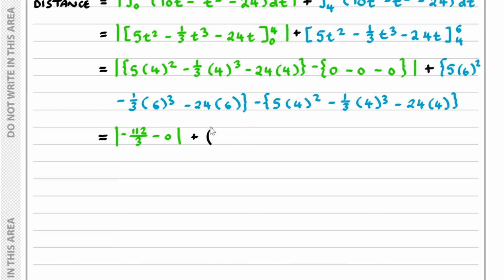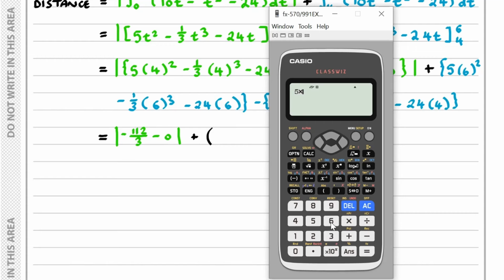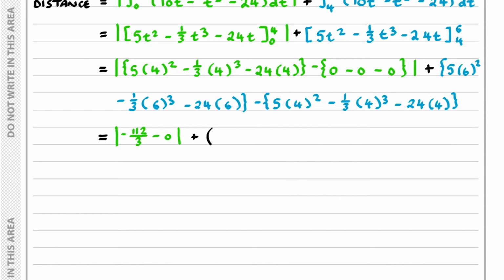So we have this bracket: 5 times 6 squared minus 6 cubed over 3 minus 24 times 6, which is minus 36. So we add on minus 36 minus minus 112 over 3.